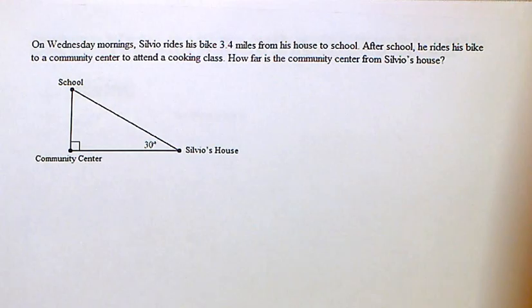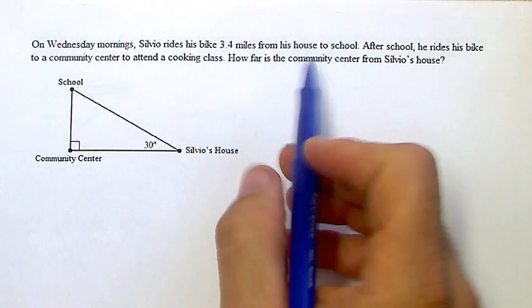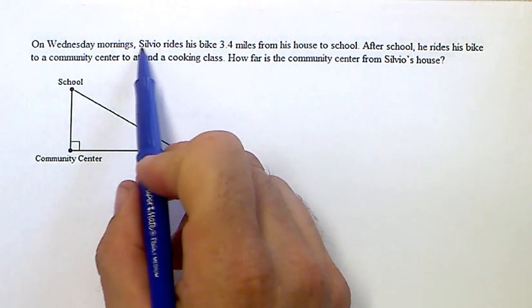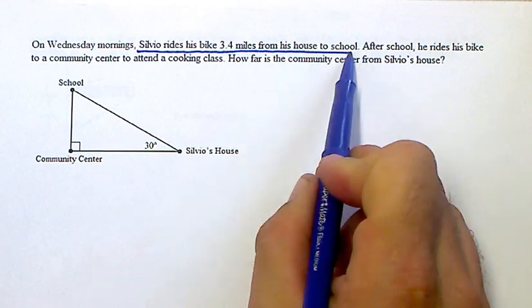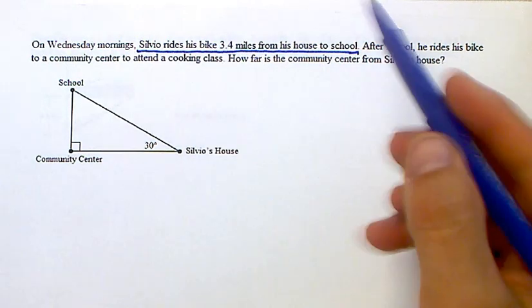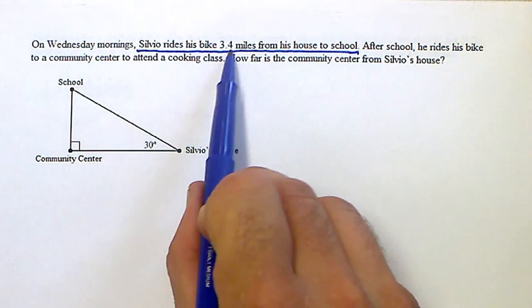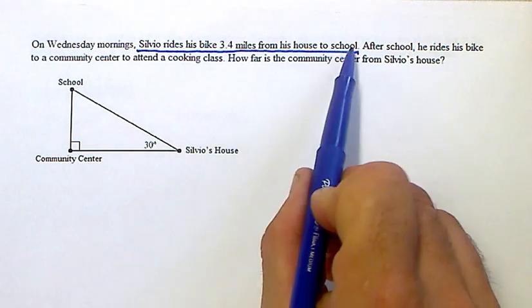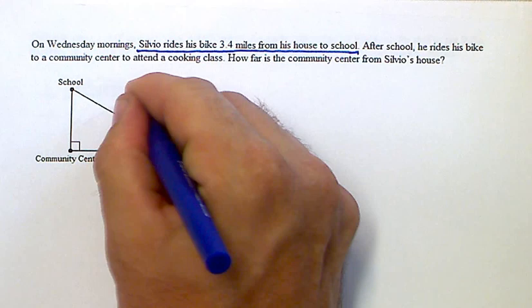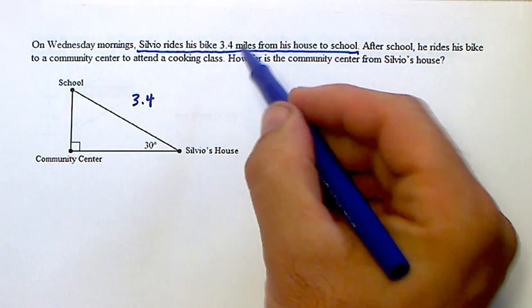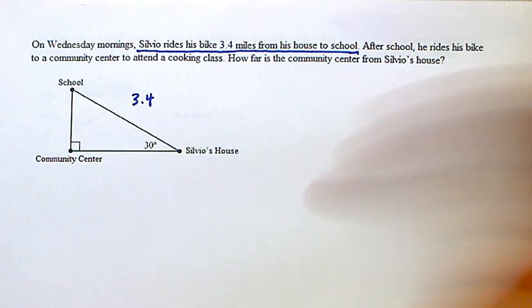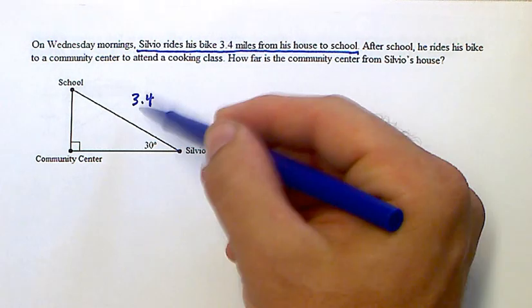Here's a 30-60-90. Here's one where you actually have to go through the problem and see what they're giving you, try to identify some of the given information. Silvio rides his bike 3.4 miles from his house to school. Here's house to school. Now, if they're giving you a decimal, odds are they're just wanting you to use a calculator with your ratio.